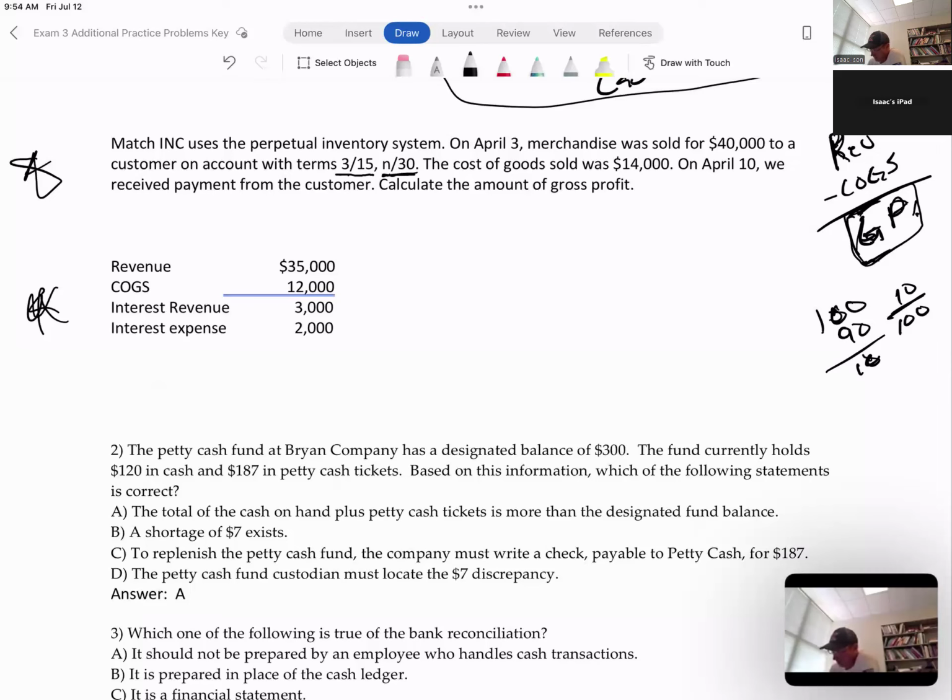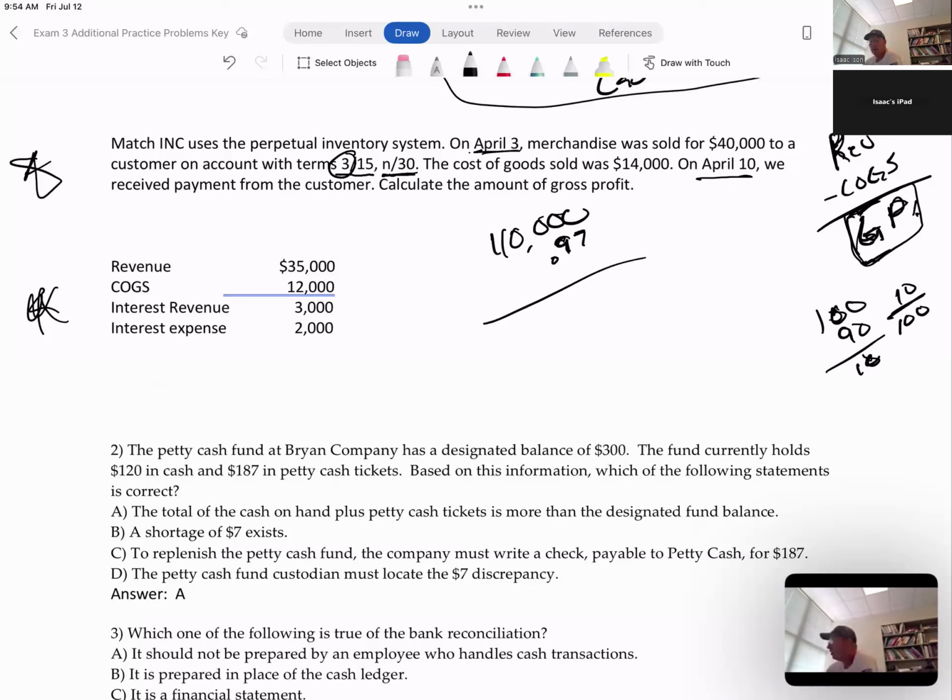So let's look at this. We sold it on April 3rd, and then they pay us on April 10th. So they're paying within 15 days, so they're going to get a discount. Instead of getting $40,000 of sales revenue, we're actually only going to get 97% of that, because they're getting a 3% discount.